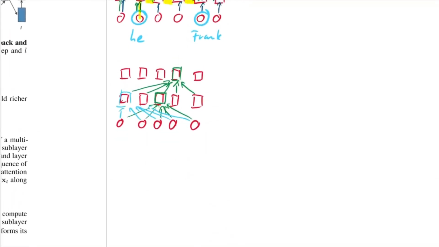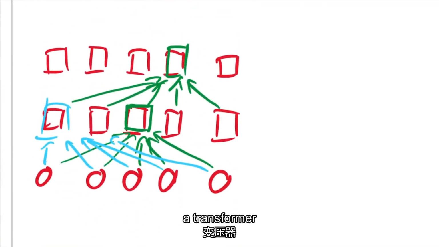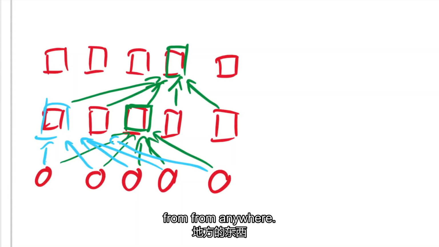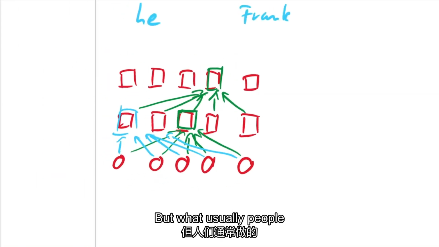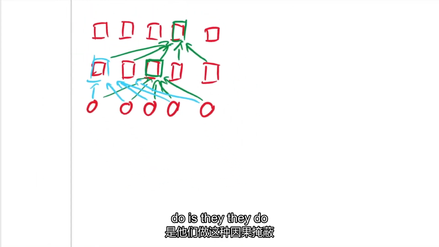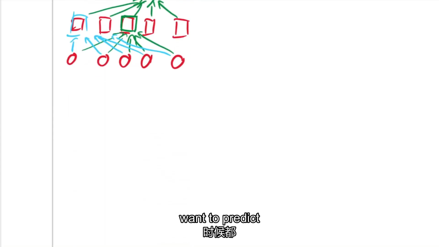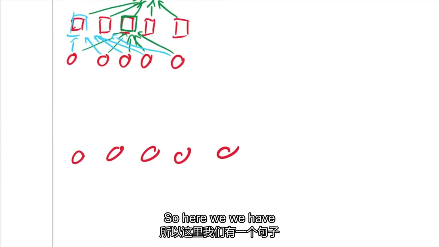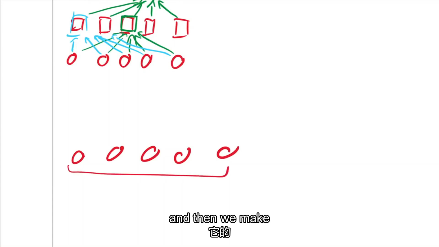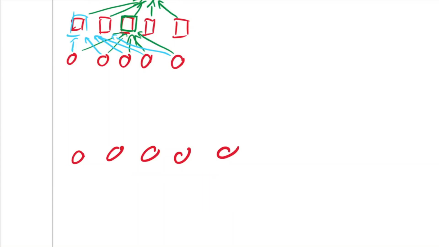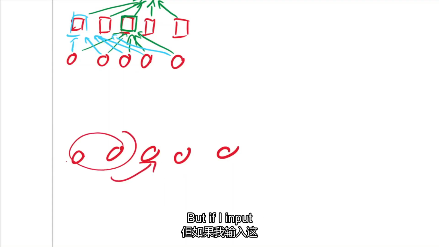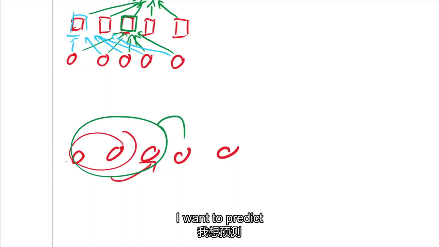Again, here we said a transformer can include things from anywhere, but what people usually do is causal masking, because every time we want to predict the next thing. So here we have a sentence, and then we make samples of it. Maybe if I input those two, I want to predict this one. If I input those three, I want to predict this one.